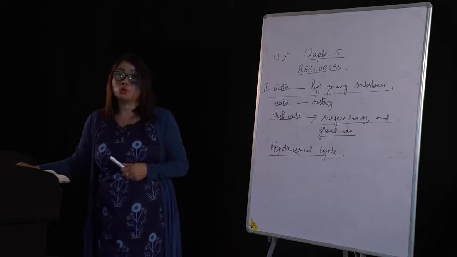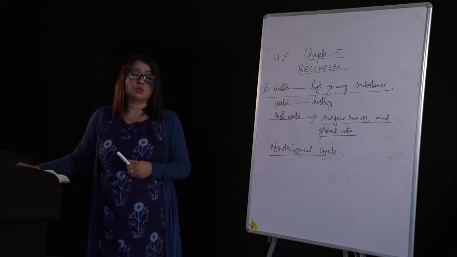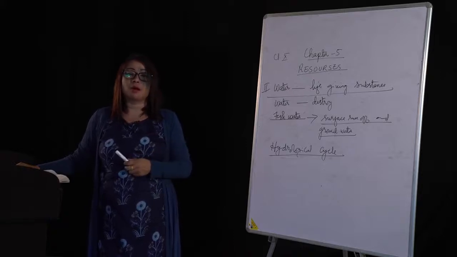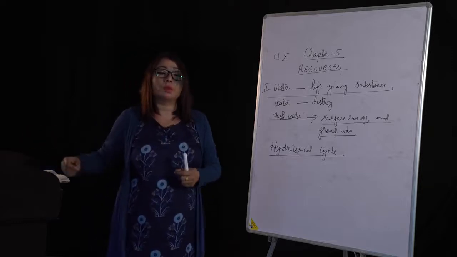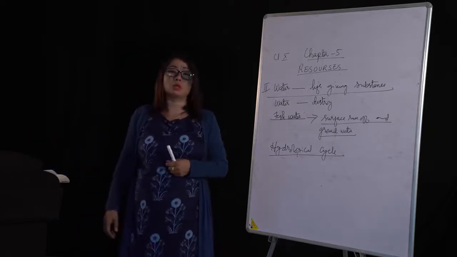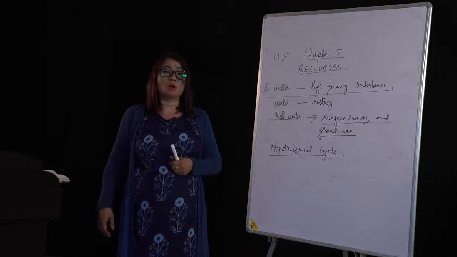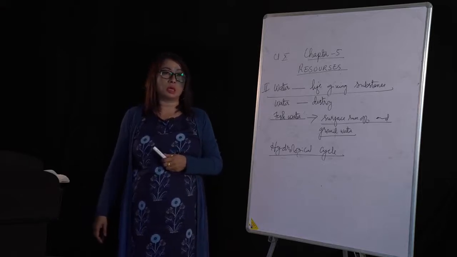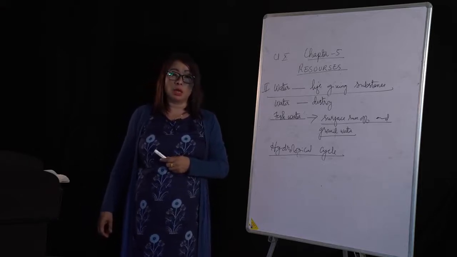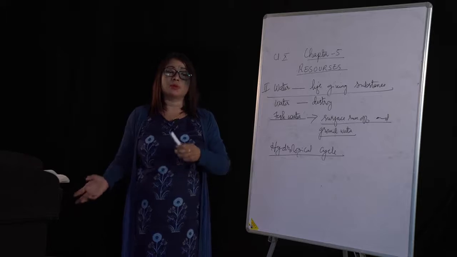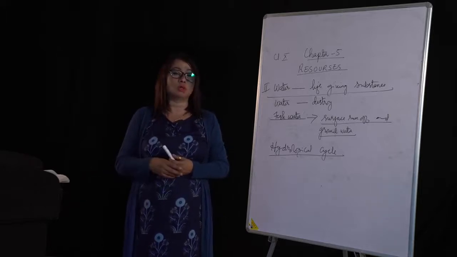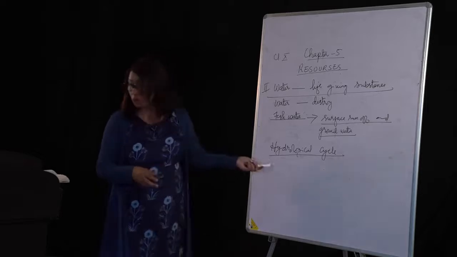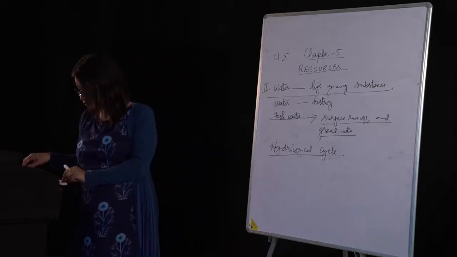This water vapor goes up and mixes with tiny dust particles high above in the atmosphere. On cooling, it becomes tiny drops. These tiny drops, on further cooling, become bigger in size and come down as rainfall. On further cooling and freezing, it comes down as snow, and this water is again carried by rivers to the sea. So this cycle of water is known as the hydrological cycle.